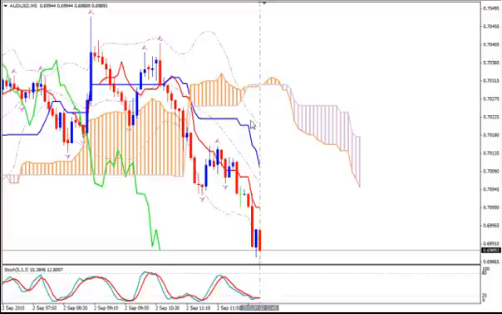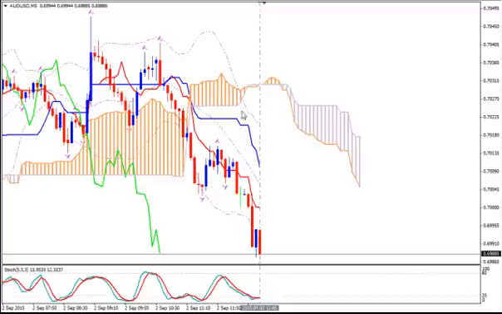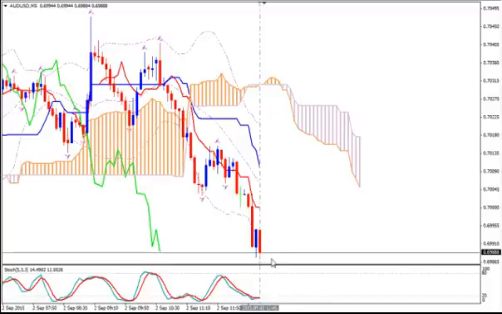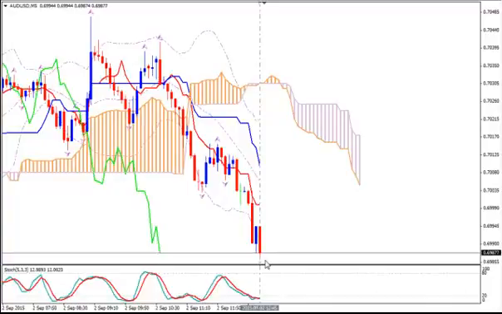We place our stop loss above the last plateau of Kijun Sen and we stay in while Kijun Sen is going down on M5, and when Kijun Sen starts sloping upwards on M5, we evaluate the situation from M15, and if the Kijun Sen is going down there, we stay there and we monitor from M15, and when Kijun Sen goes up on M15 we switch to M30, and while Kijun Sen goes down on M30, we stay there and we monitor from there, and when Kijun Sen turns upwards on M30 we switch to H1 and we make sure that Kijun Sen goes down there and everything looks bearish.